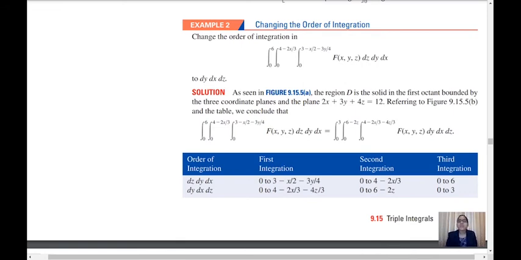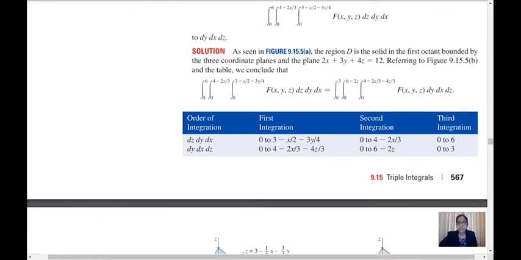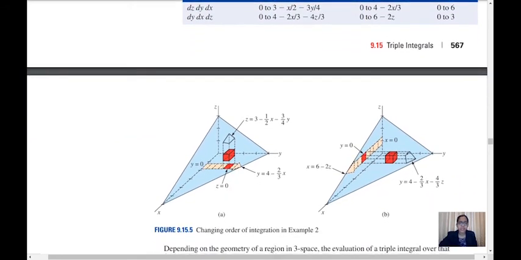Now the figure is given to us. We can see that we are considering the plane 2x plus 3y plus 4z is equal to 12. That is our figure 9.15.5a.